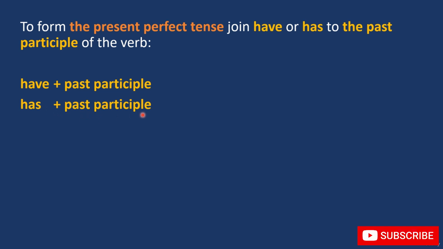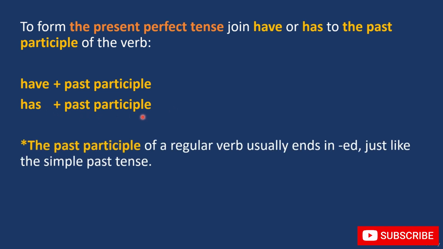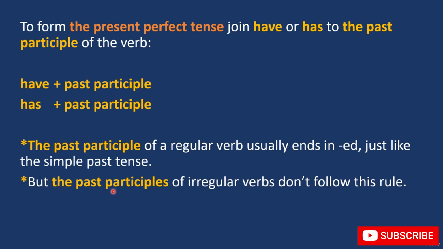Or has plus past participle. The past participle of a regular verb usually ends in ed, just like in the simple past tense. But we have regular verbs and also irregular verbs. But the past participle of irregular verbs do not follow this rule.